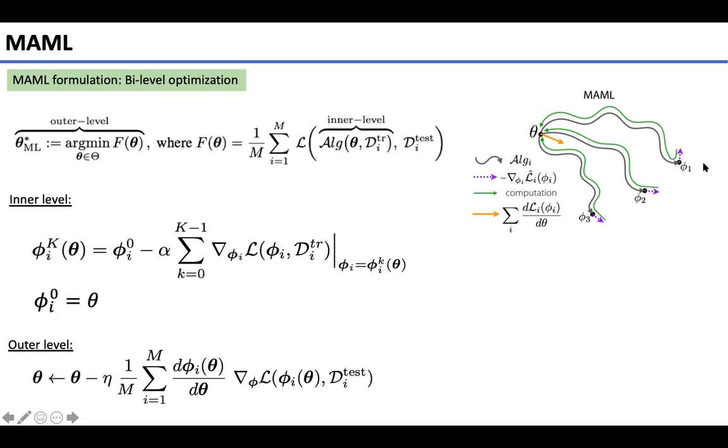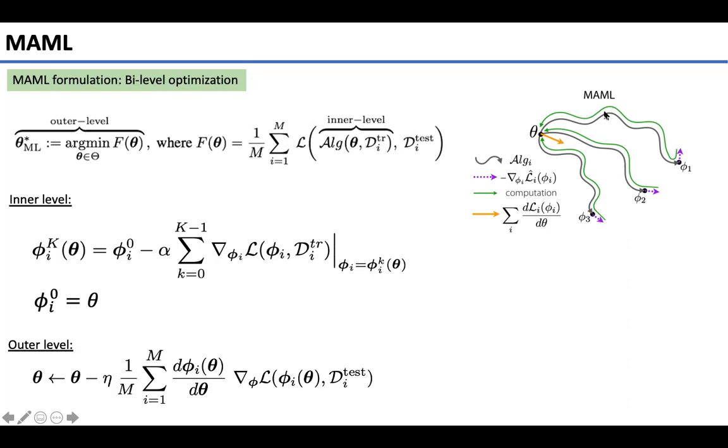Then these new local models will be used to update the meta model according to this equation, and that keeps happening again and again until the convergence point. So as we can see here, the goal is that the meta model is the one that minimizes this defined objective after K SGD steps.